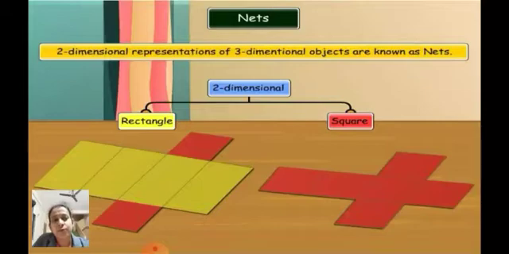What I have shown here are two-dimensional representations of three-dimensional objects, and such representations, used to form three-dimensional objects, are known as nets. What you can see, these structures are called nets, two-dimensional structures made of rectangles and squares. Fine, so now let's proceed further.